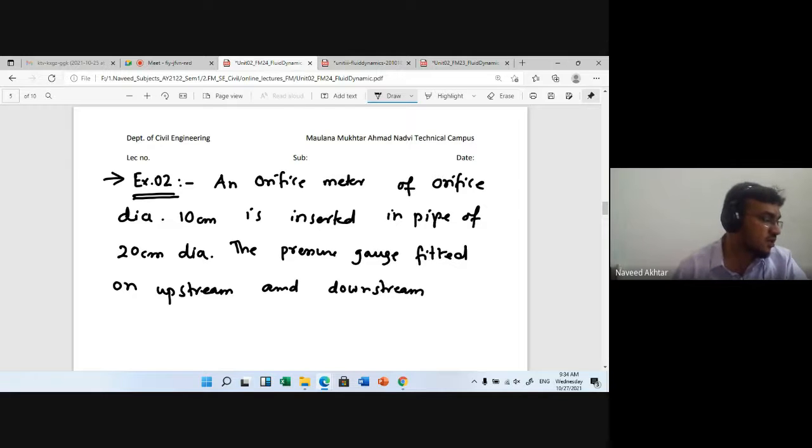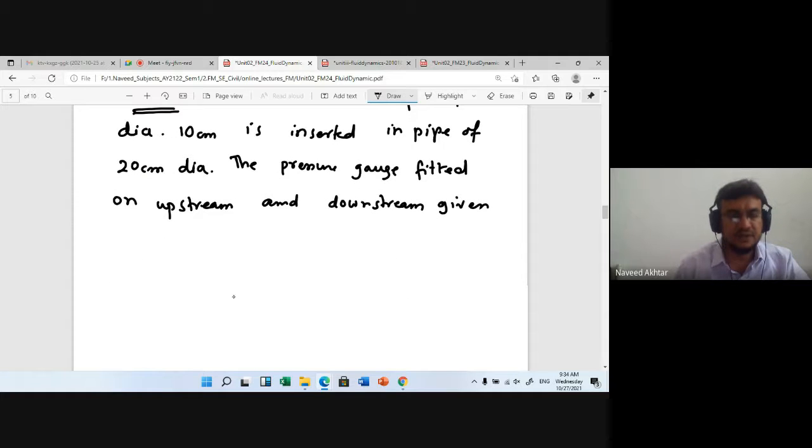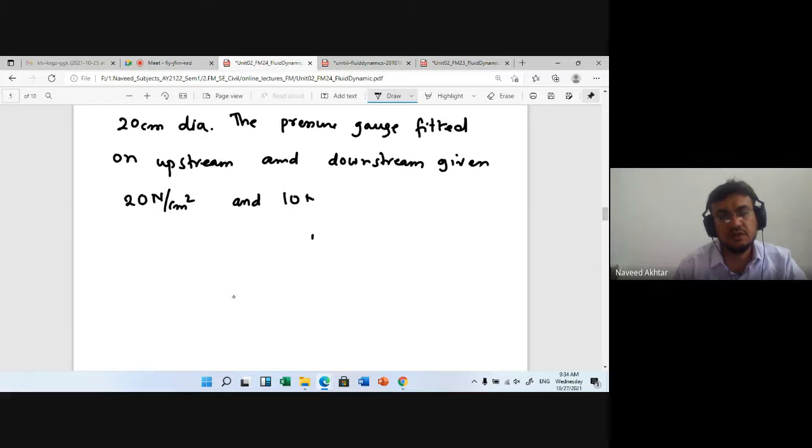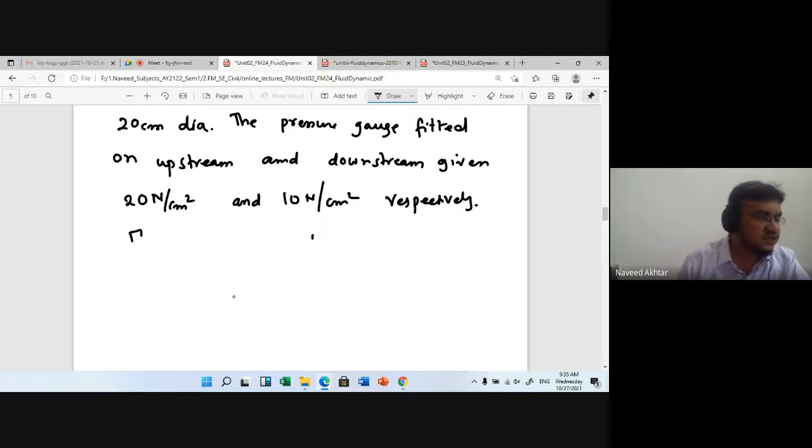Downstream is after the orifice. P1 and P2 are given as 20 Newton per centimeter square and 10 Newton per centimeter square respectively. The coefficient of discharge Cd is given 0.6.